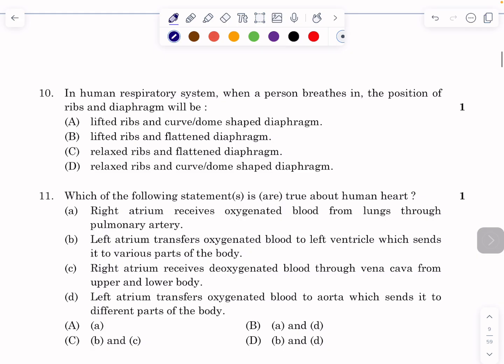Next question. In the human respiratory system, when a person breathes in, the position of ribs and diaphragm will be.